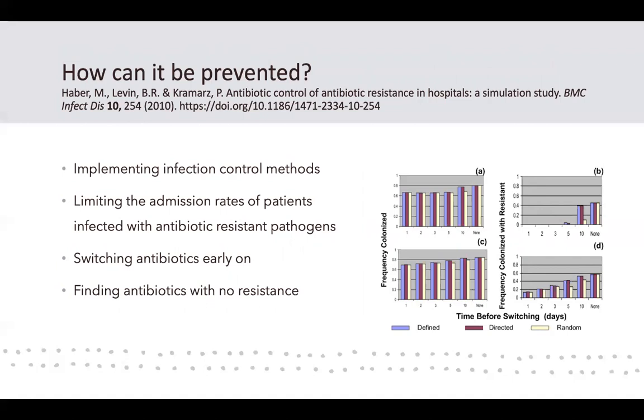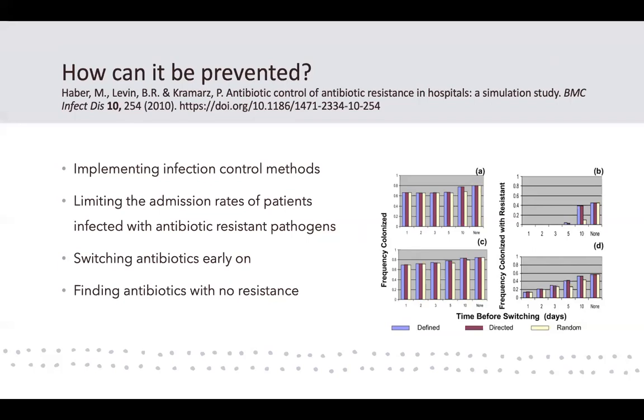Their hypothesis was that implementing new infection control methods, limiting the admission rates of patients that have these antibiotic-resistant pathogens, switching antibiotics early on, and finding antibiotics that the patient isn't resistant to would be significantly helpful in slowing the spread of antibiotic-resistant pathogens within hospitals.